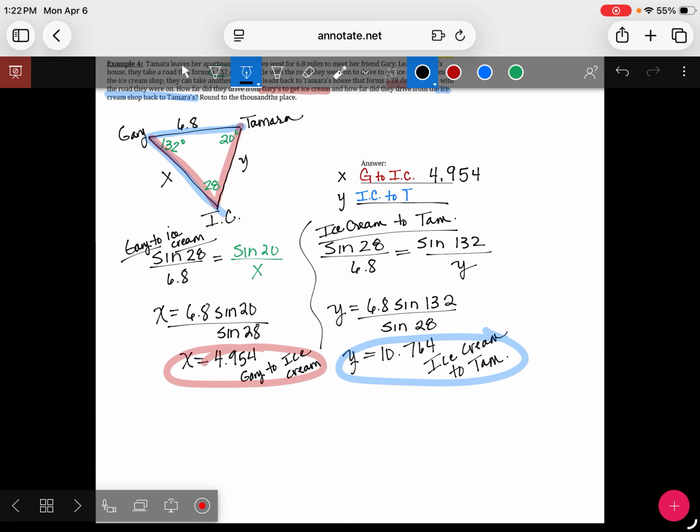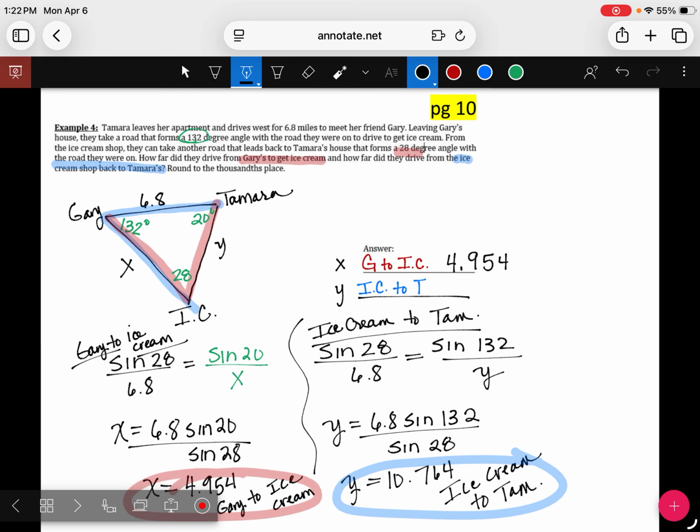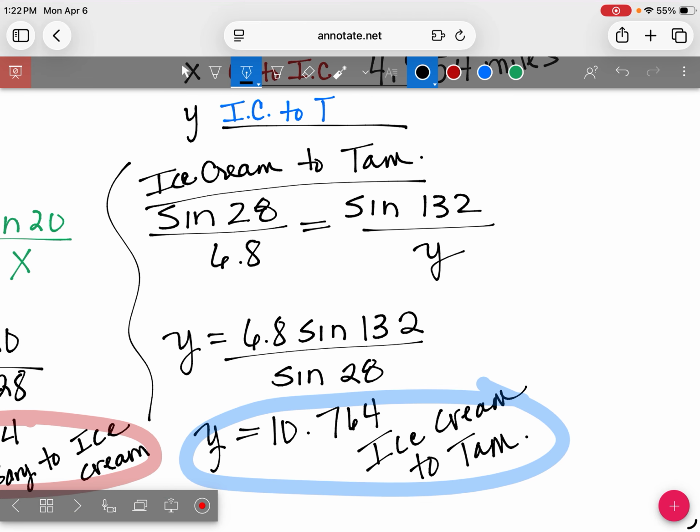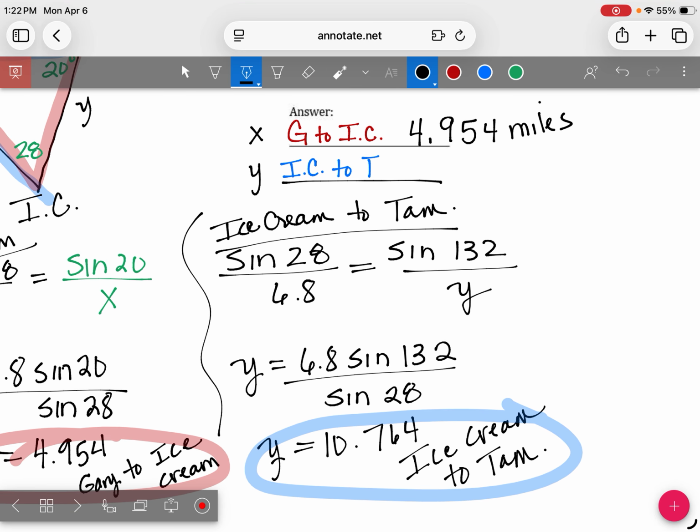What is it? Miles? What's our unit of measure? Miles. Okay. And then from the ice cream shop to Tamara, I got 10.746 miles. Anybody else get that? All right, one more question and then we are done.